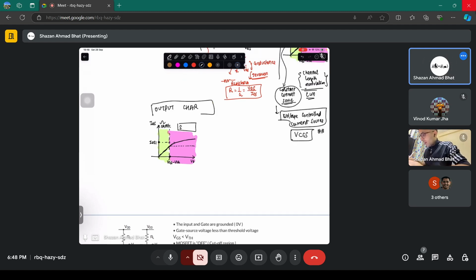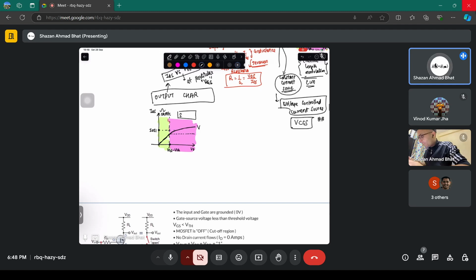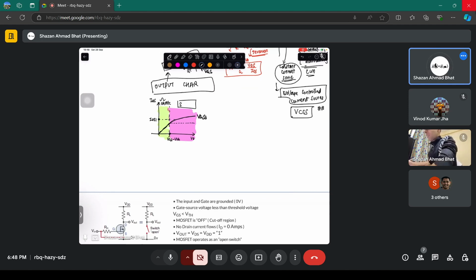Output characteristics means drain to source current versus drain to source voltage, but at a particular gate to source voltage VGS. That means at a particular gate voltage, VGS1. You have kept the gate voltage constant. Don't mix the things. You cannot change everything simultaneously. You have to keep this constant, then start varying the drain voltage.